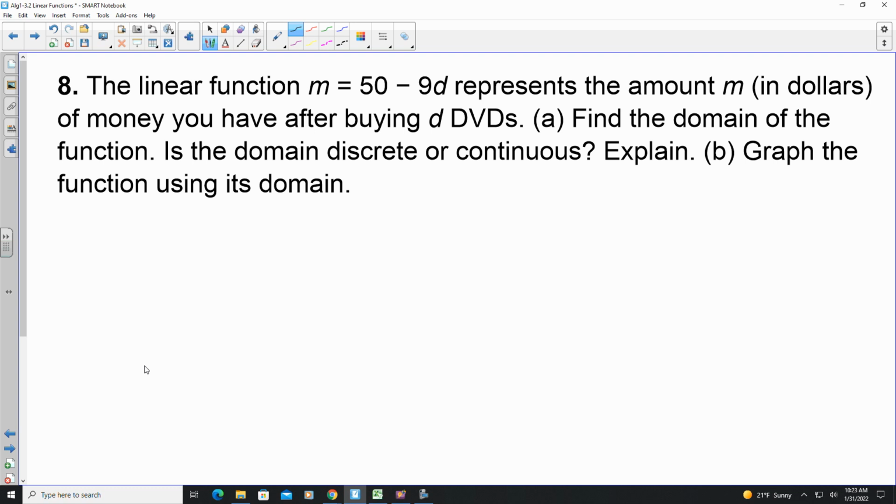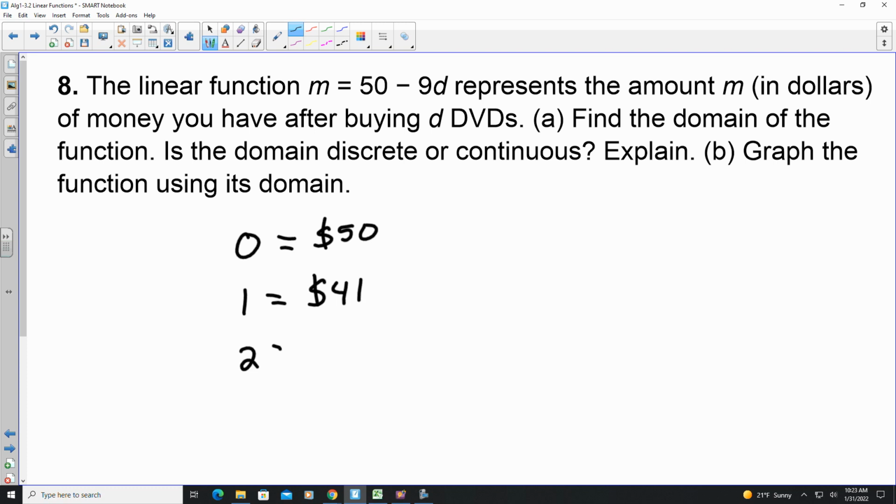So let's just say that you bought 0 DVDs. You would have $50. If you bought 1 DVD, 1 times 9 is 9, so it's 50 minus 9, which is $41.